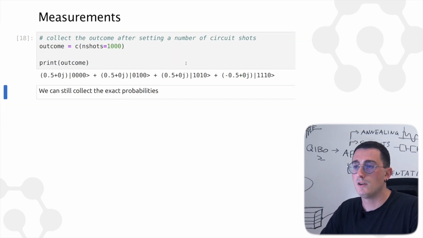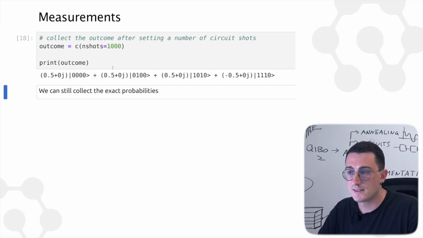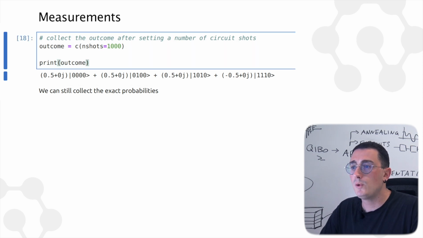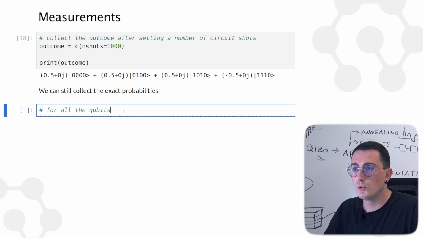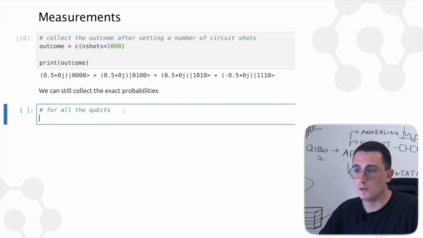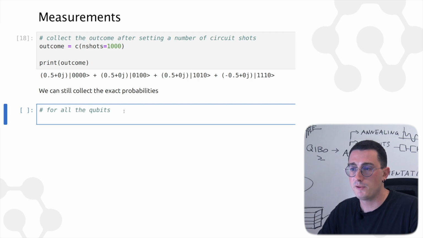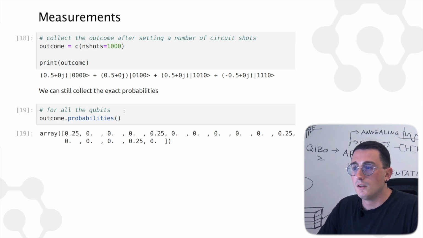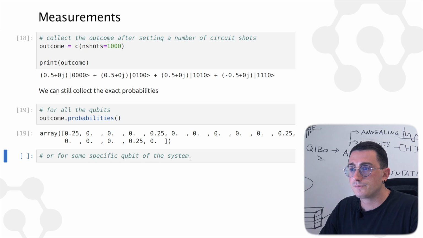And as you can see, we still have the exact state simulated. It's the same as before because until this point we have exact simulation. If we want to have access to the probabilities in an exact way, we still can do that. Indeed, we can print as before outcome dot probabilities. And we have the same values as before.